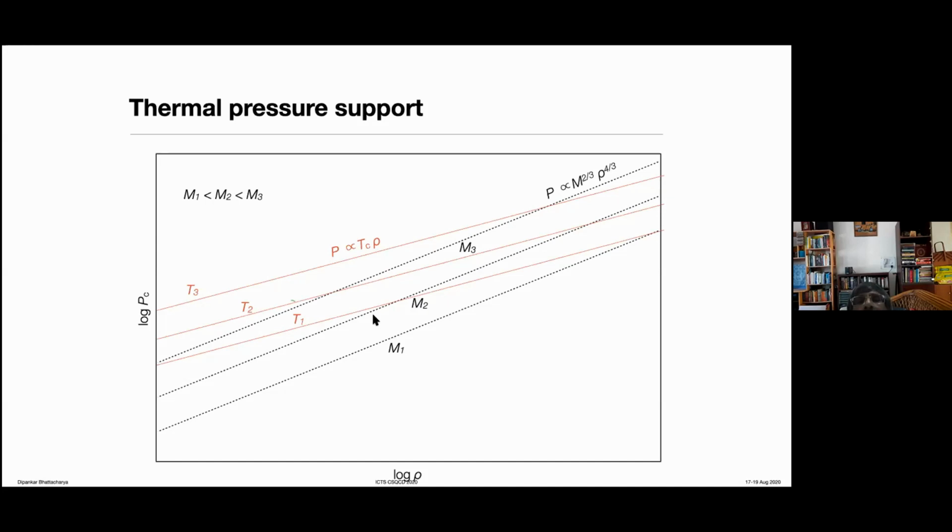When nuclear fusion has not yet occurred, a star of a mass M, for example, will start from a very large and diffuse cloud. And due to gravity, it will keep moving along this line, the constant mass line.